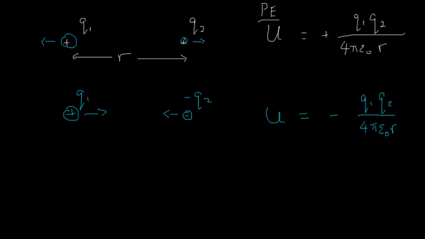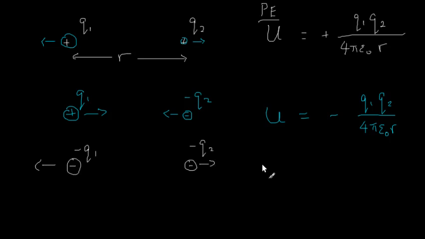And finally, if I have a negative charge here and a negative charge here, if both charges are negative, then they will once again repel each other, so that I need to do work to bring from infinity to here. So let's say this is minus Q1 and this is minus Q2.